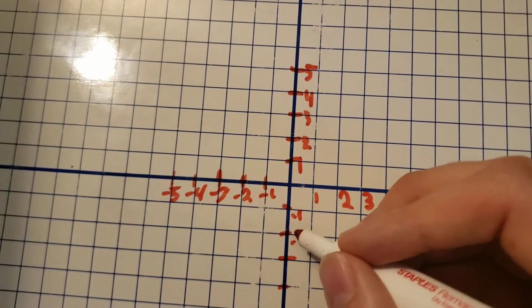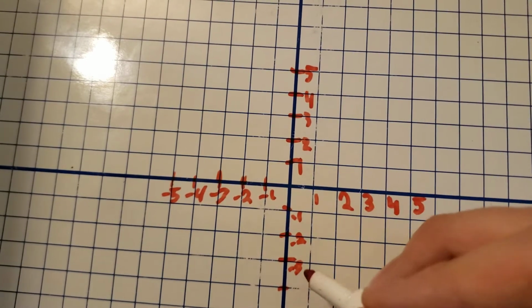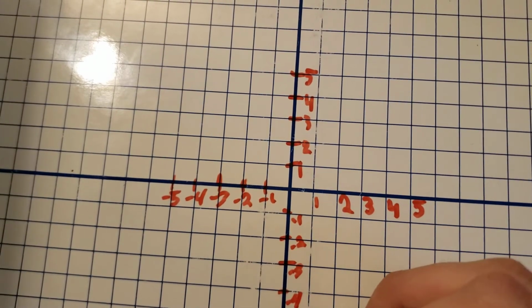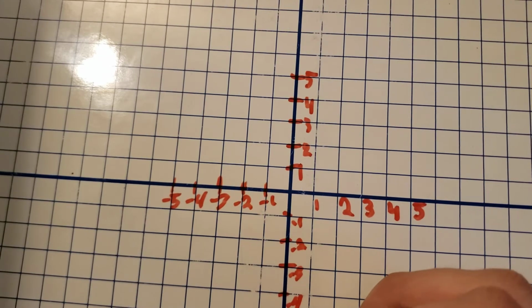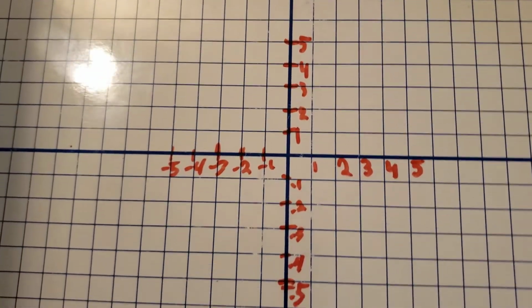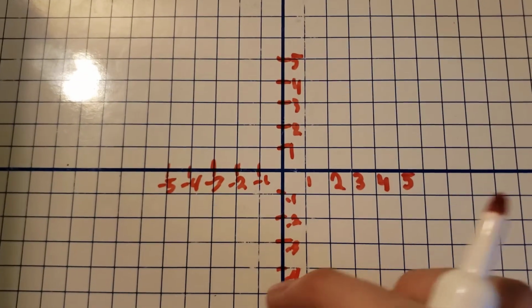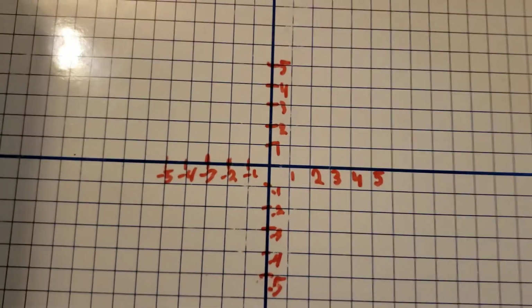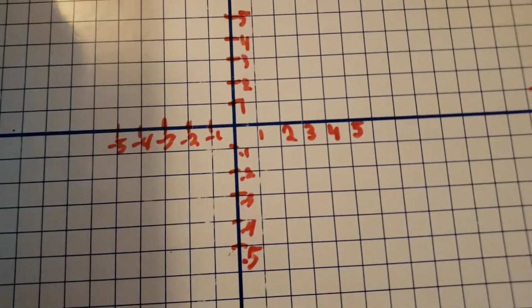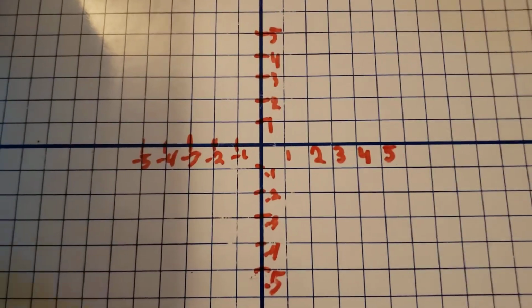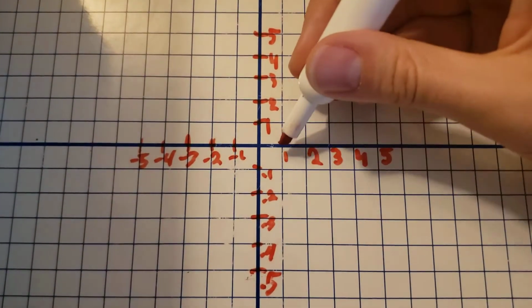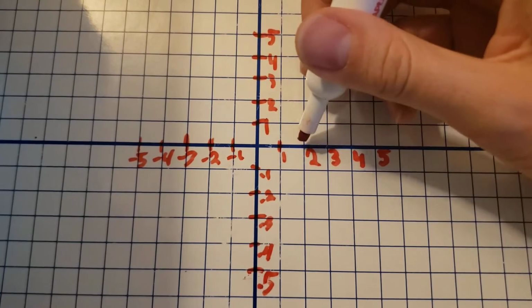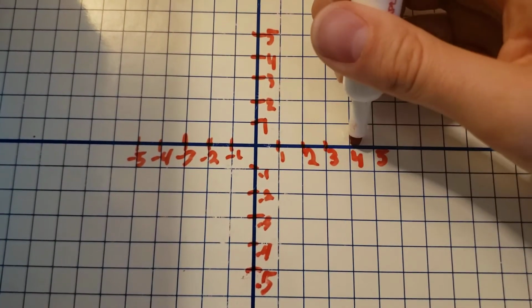Negative 1, 2, negative 3, negative 4, negative 5. Now, I've been doing my graphs with the labels like this since I was in middle school, so I just like the way it looks. Again, I've got my cross hatches here.